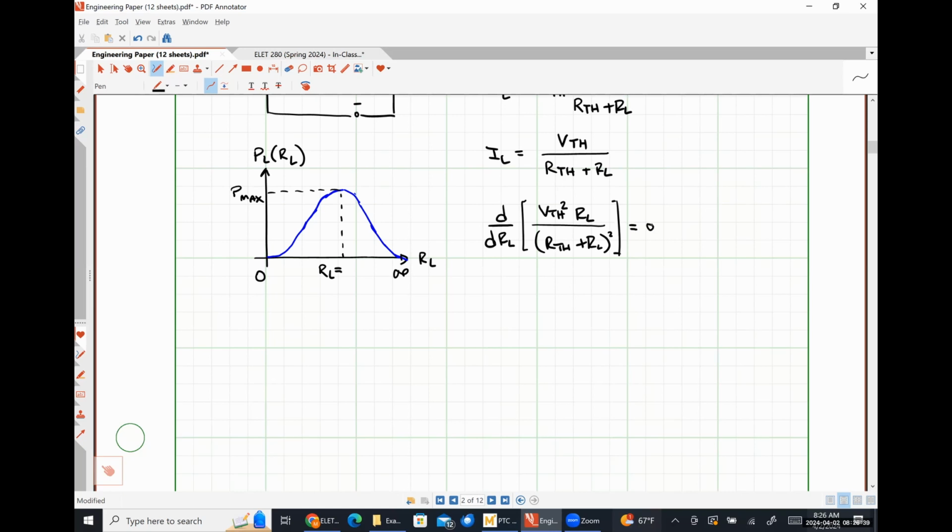I'm not going to make you guys suffer through applying the quotient rule and all that. What we'll find out is that this function is at its maximum when our load resistance RL is equal to our Thevenin resistance RTH.